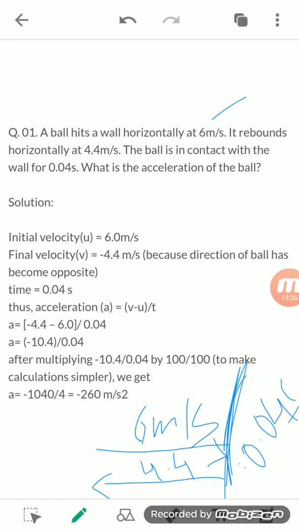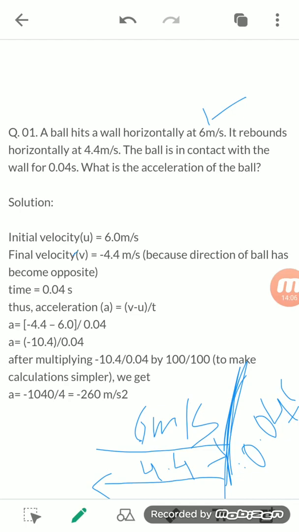So you see here, the initial velocity, there is no doubt about that, will be 6 meter per second. When we talk about the final velocity, the final velocity will be 4.4 meter per second, but here the sign will be negative, that is minus 4.4 meter per second, and it is due to the direction of the ball.